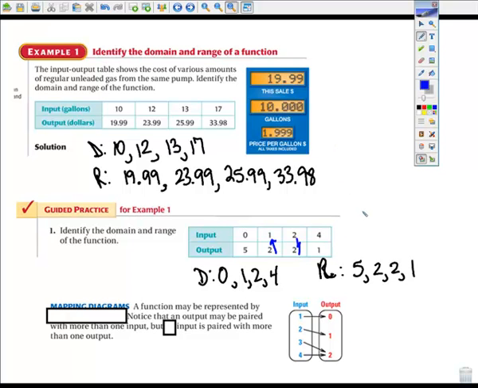If I say to you, I would like to know who is my daughter. Well, you're going to have to know, well, which one am I talking about? Or if I say, my daughter lives in Chicago, you don't know if that's Emily or Allison because I have two children.